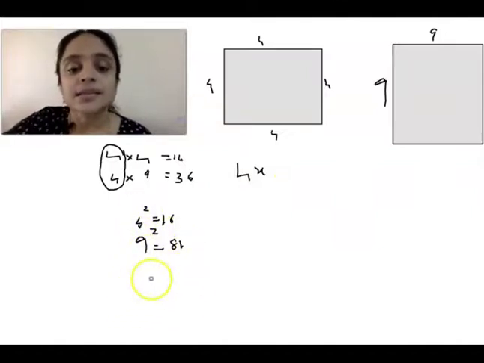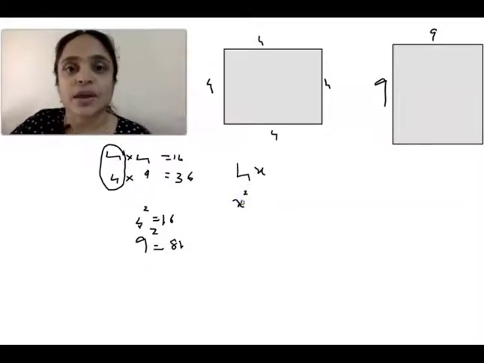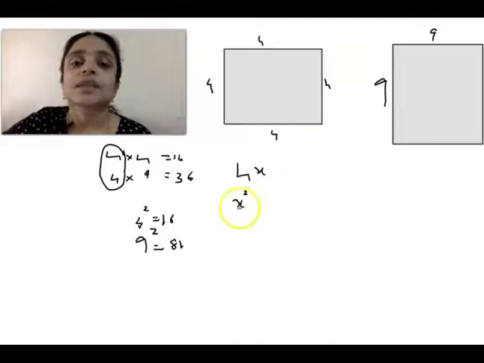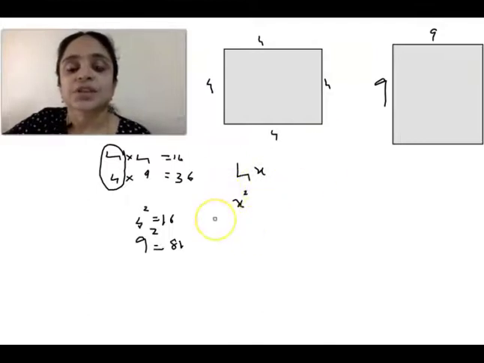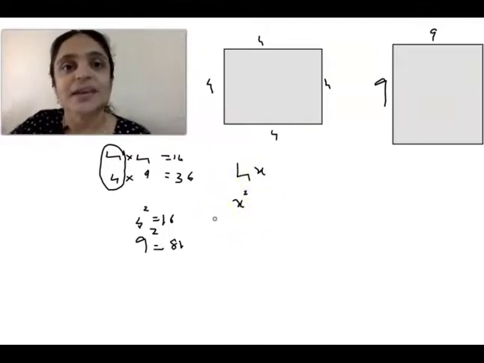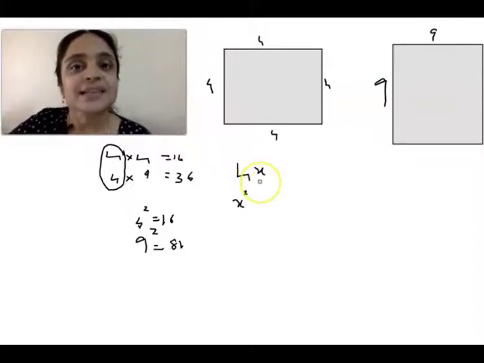That is, to find the area of a square, we have x square. Area of a square is x square. So this is also an algebraic expression. And we can say that these are polynomials.